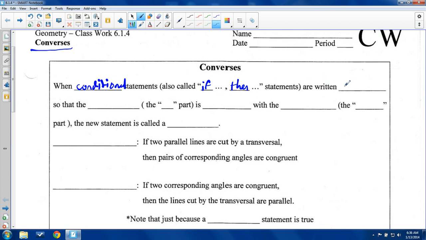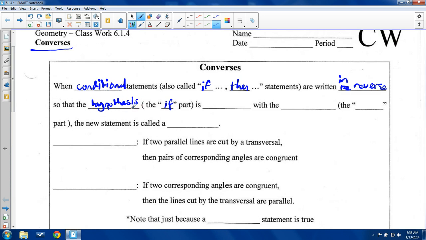If a conditional statement is written in reverse order, so that the hypothesis, this is probably more of a science word, that's the if part. So if you hypothesize something, let's say that I had $2.